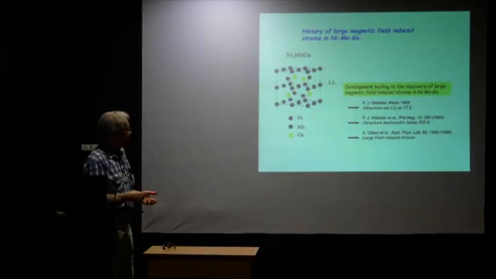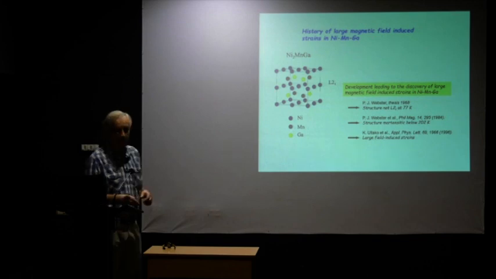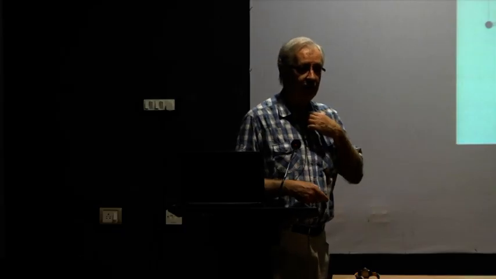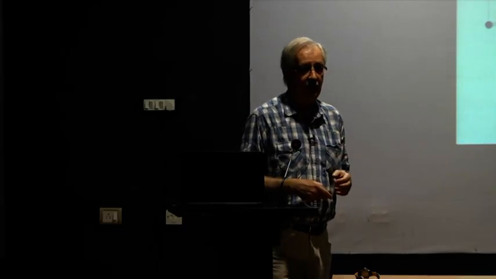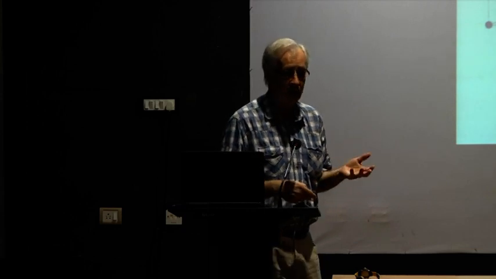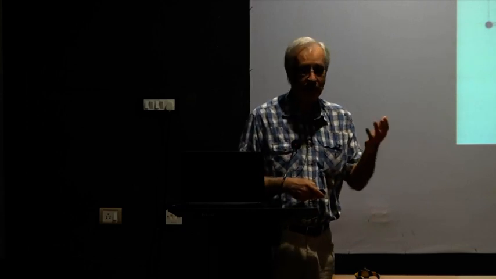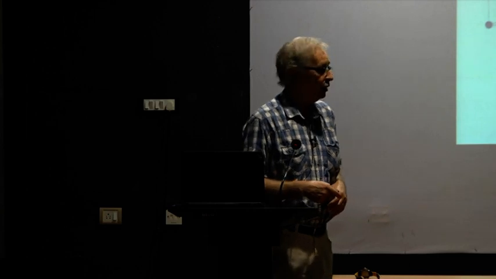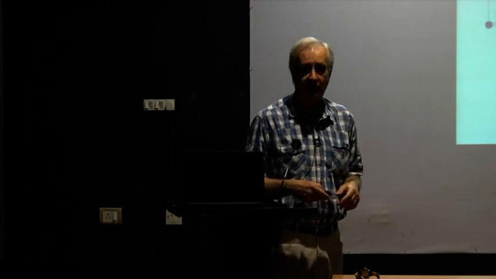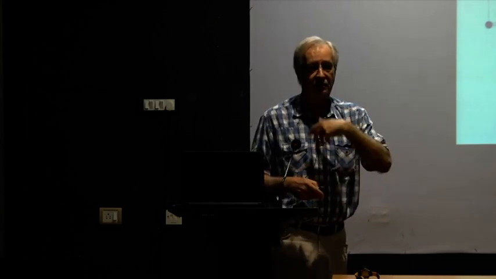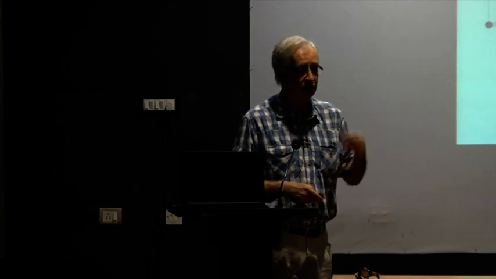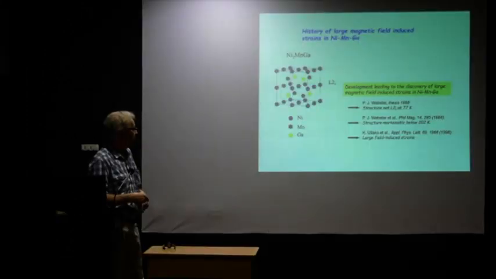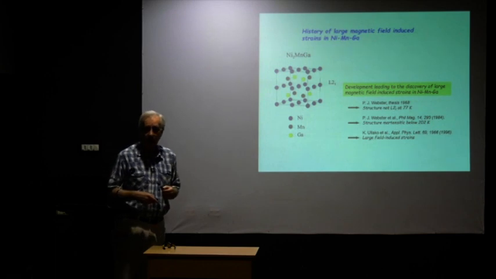And one of these people was Webster at the University of Sheffield, and he did neutron diffraction on anything that he could get a hold of as a Heusler material. So he did all sorts of palladium-based Heuslers, palladium, manganese, copper, nickel, manganese, copper, all sorts of things. And among these were also nickel, manganese, gallium at that time.